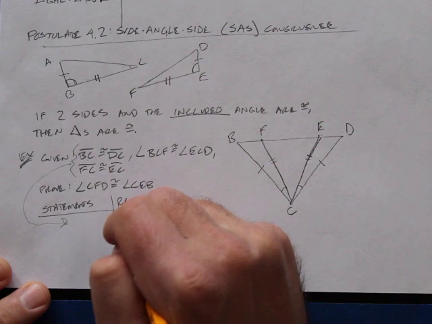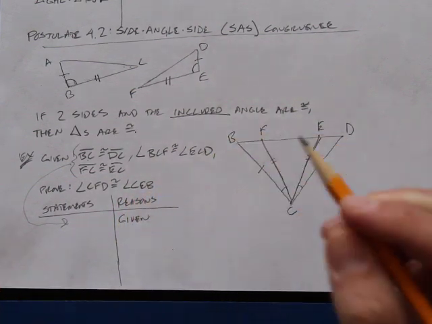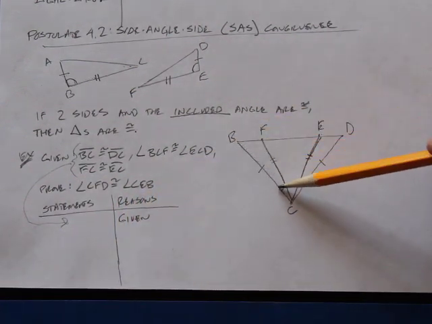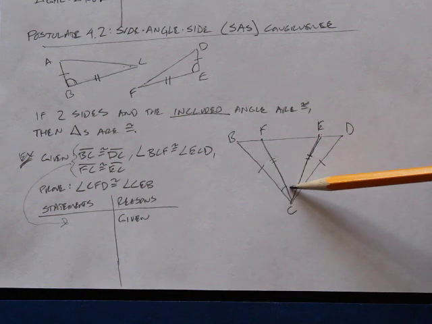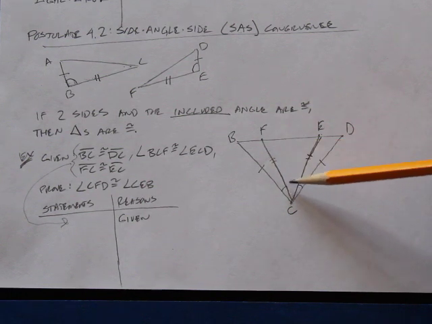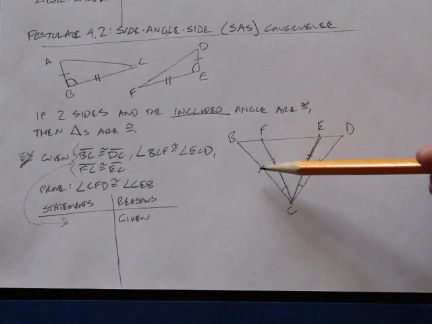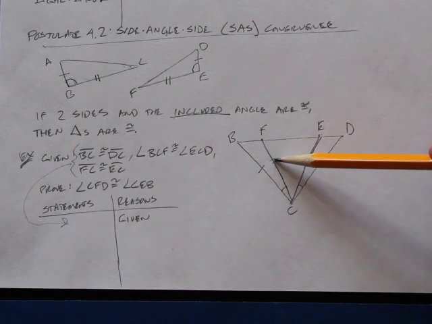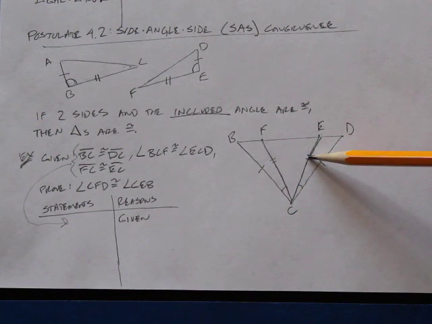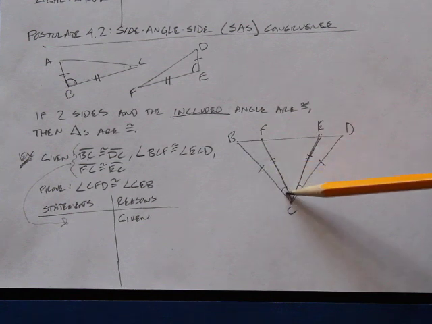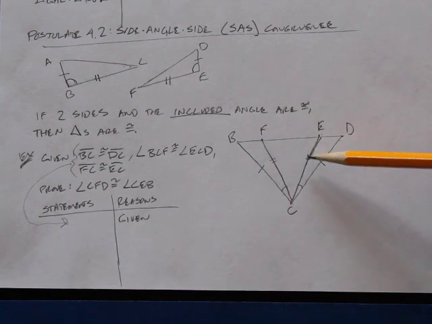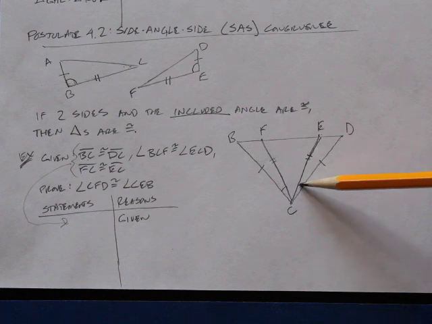But let's look at what we have. We have this side congruent to this side, this angle congruent to this angle, and this side congruent to this side. So we have side, angle, side: the two sides are congruent, and the included angle is congruent.